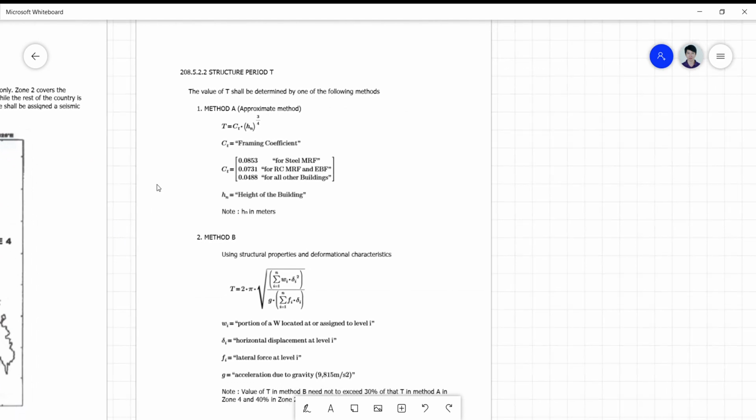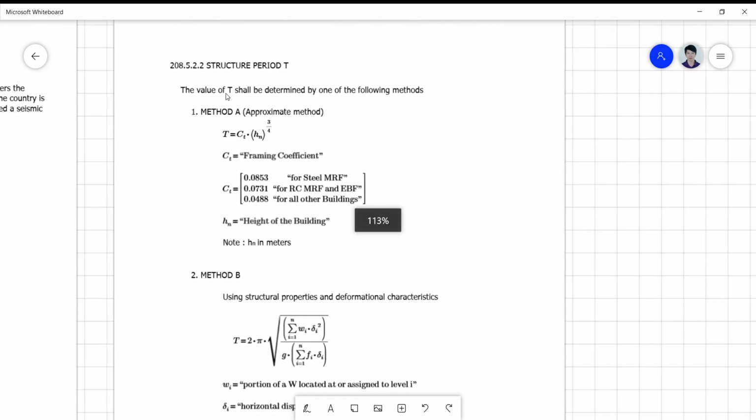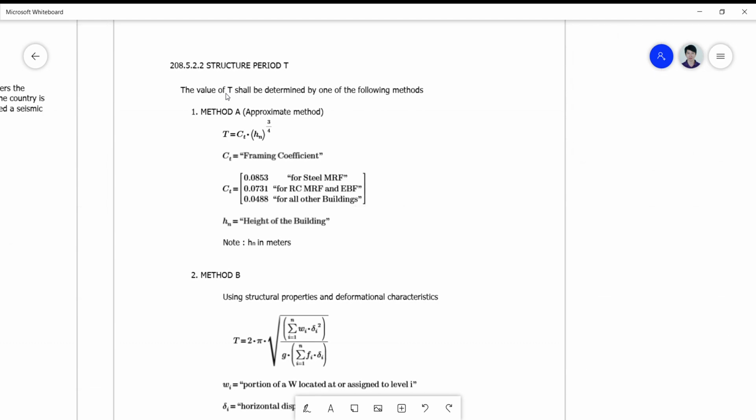So the structure period T is computed on the basis of two standard formulas in the NSCP. Although T can be computed using other tools, for simplicity we can just use method A and method B of the NSCP for static lateral force procedure.